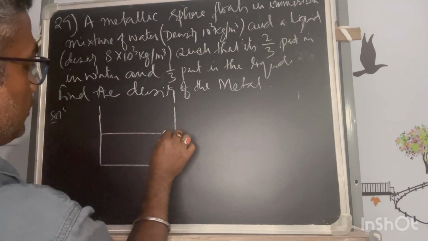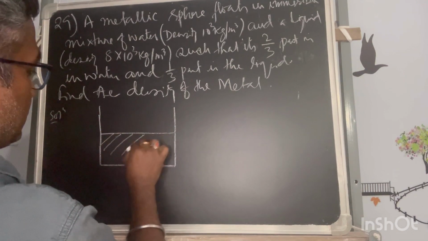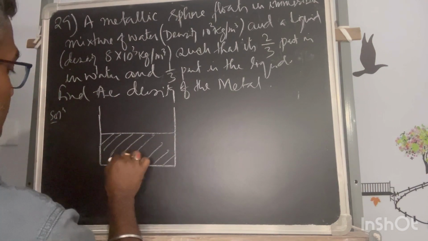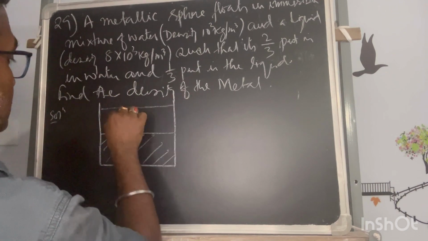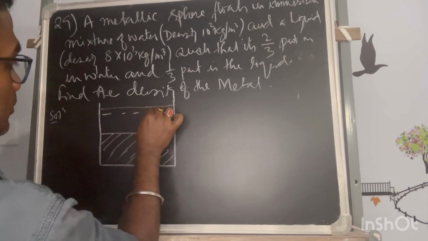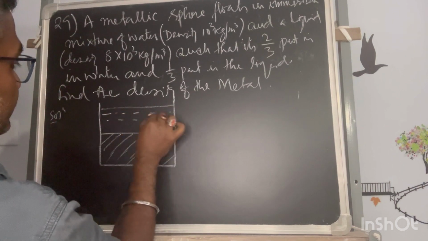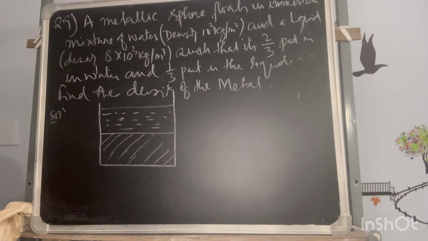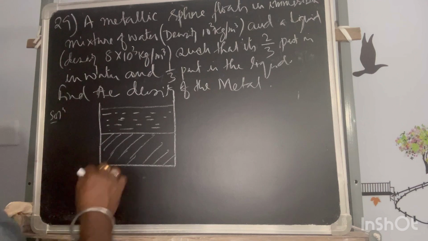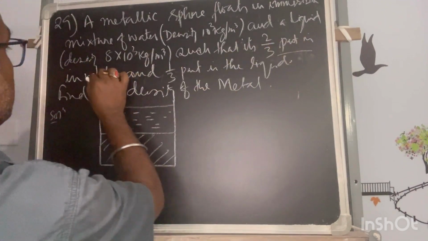So that liquid will lie somewhere at the bottom side, and the water will be on the top of that liquid. Okay. Now a sphere is immersed such that 2/3 part is in water.